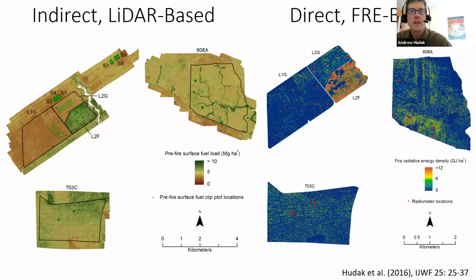So that's an estimate of surface fuel loads derived from those fuel plots and LiDAR data collected just before the fire. And then we didn't, unfortunately, have post-fire LiDAR data for that experiment, but we did have active fire airborne thermal measurements from which we quantified FRP and then integrated over time to get FRE. And here you can see the FRE patterns across these landscapes.